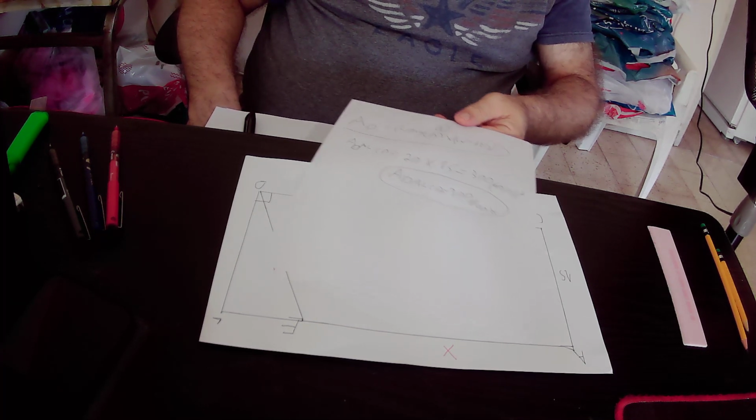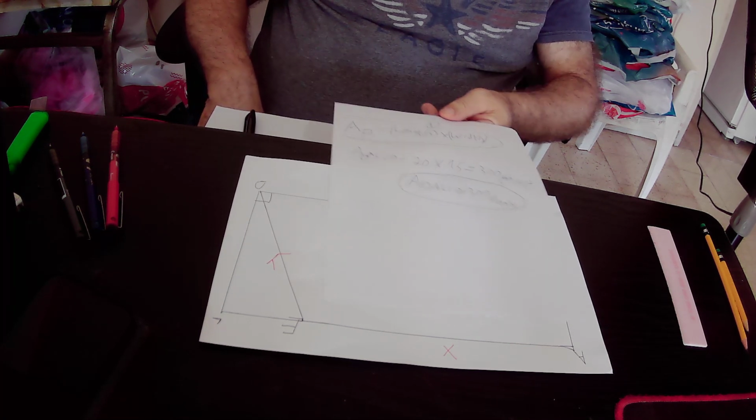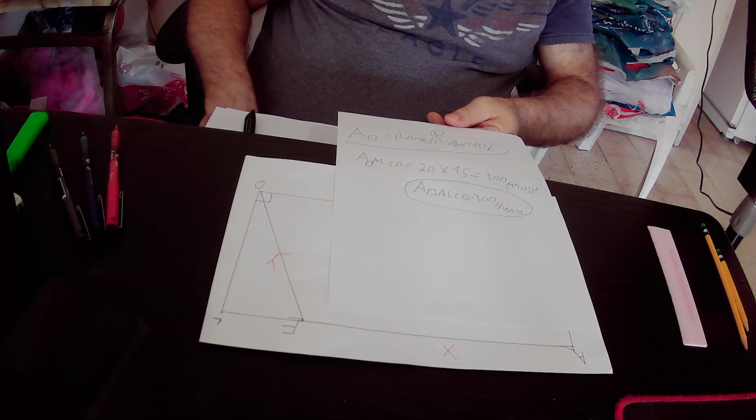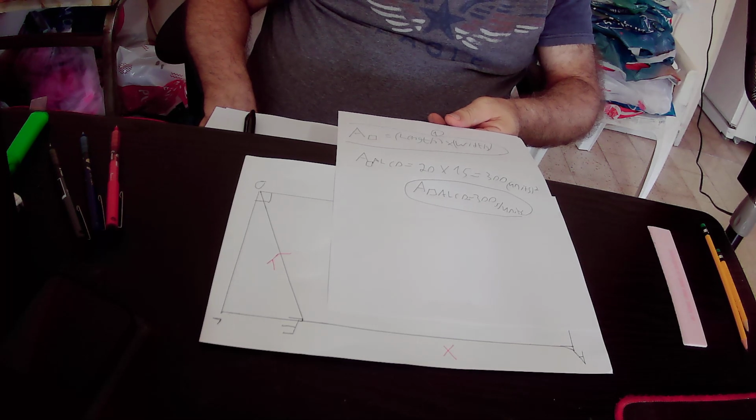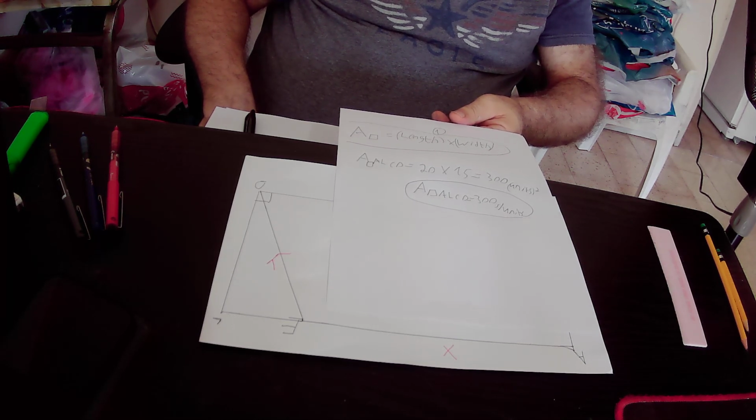So the area of rectangle ALCD equals 300 square units. Okay.